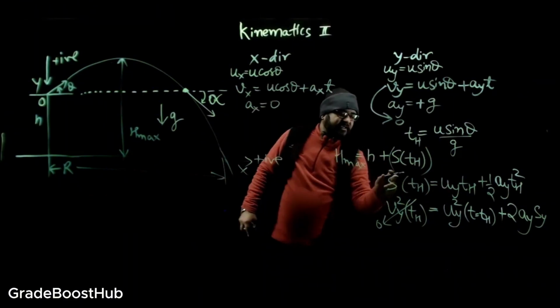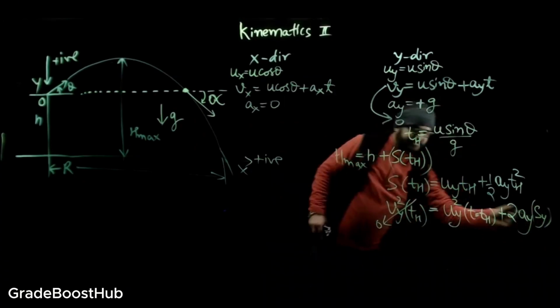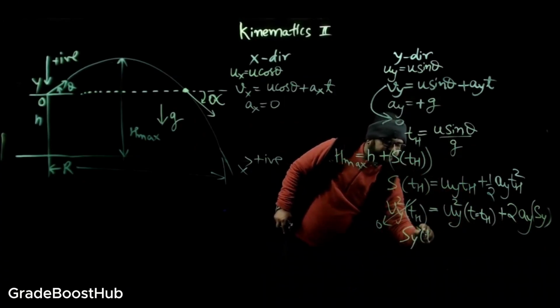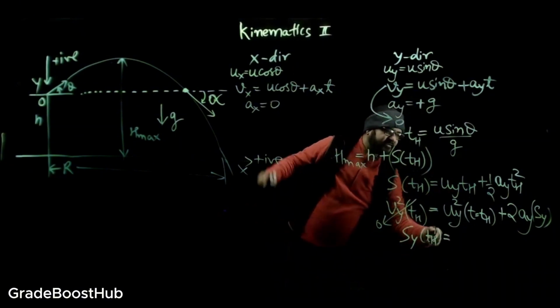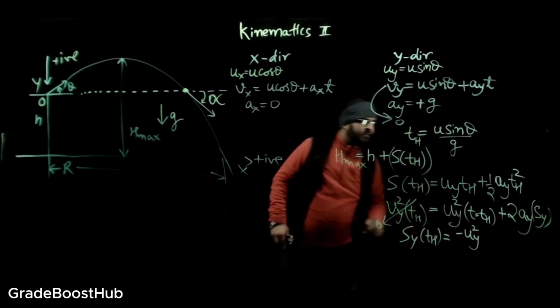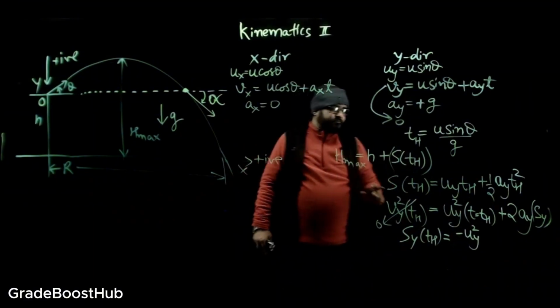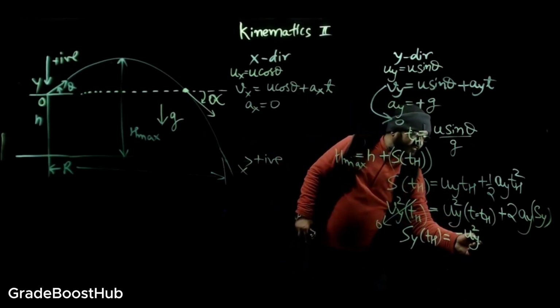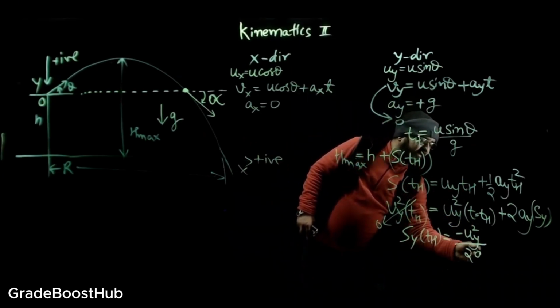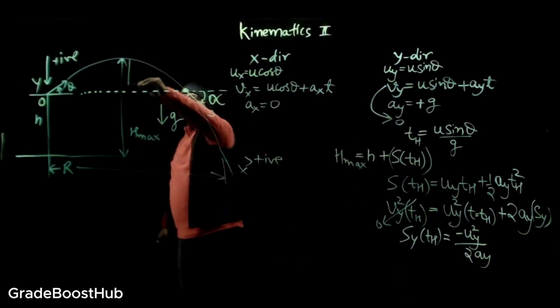Otherwise, I can find this sy directly, because this sy, when it is at the maximum point, will be minus uy square by 2ay. Now you can see my sy is this distance.